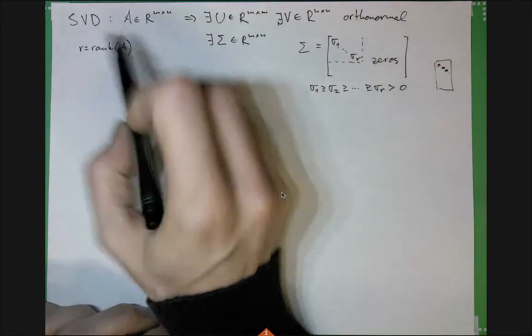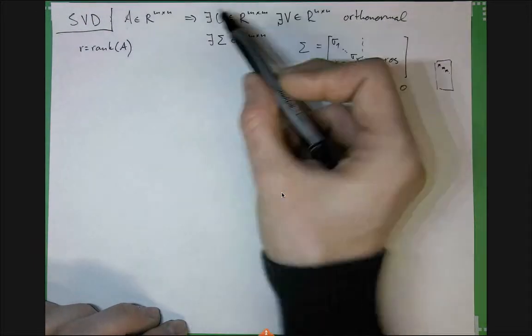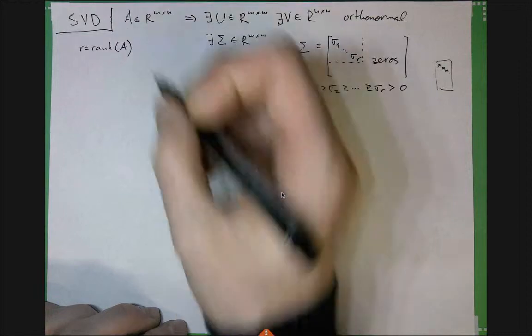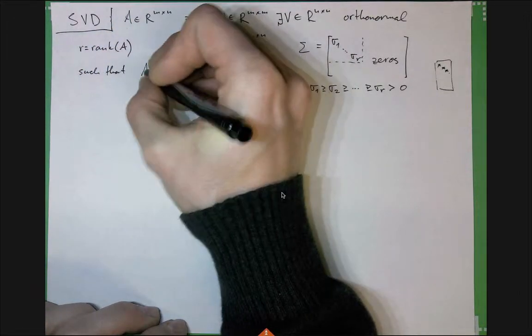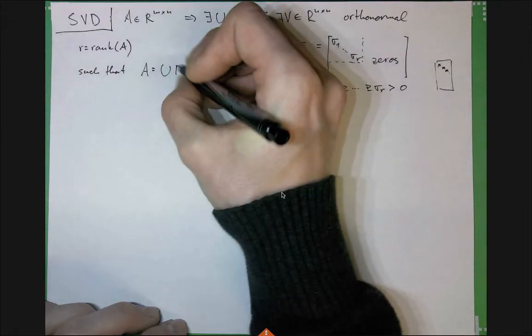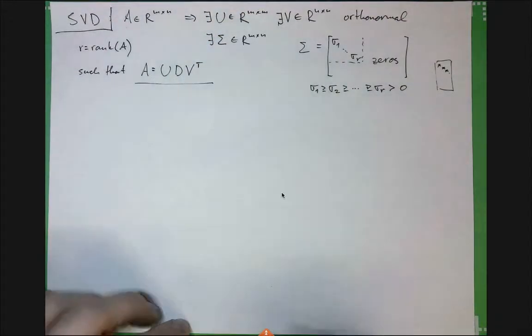So the theorem, the singular value decomposition, says that for any matrix A, I can find matrices U, V, and sigma such that A can be written as U D V transpose. So this is the singular value decomposition.